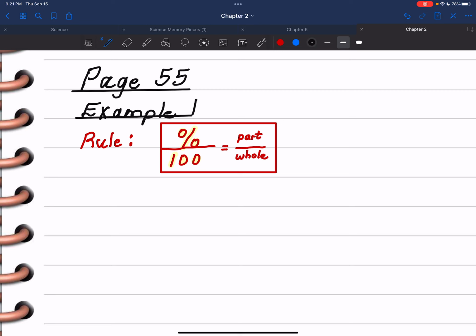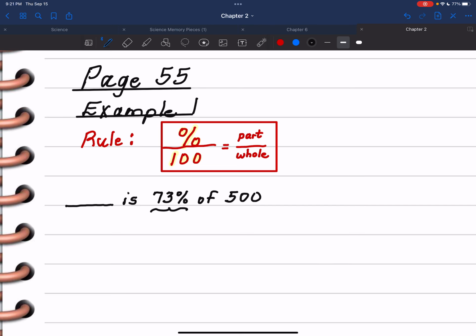It says 73% of 500 shoppers. So we want to know what is 73% of 500. Okay, so we know a percent.